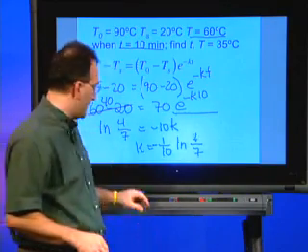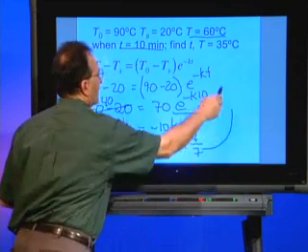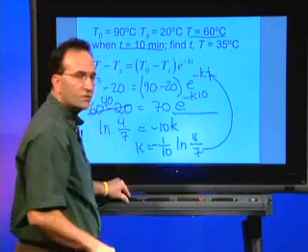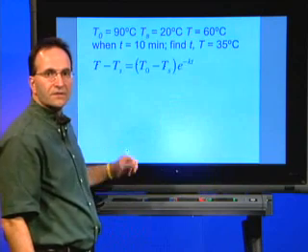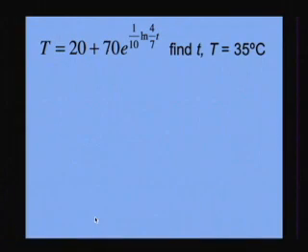We now need to take that k and plug it back into our equation. So I've done that on my next slide, so let's take a look at that. Our equation then is T equals 20 plus 70 e to the 1/10 log of 4/7 t. We want to find the time t when the temperature goes down to 35 degrees.